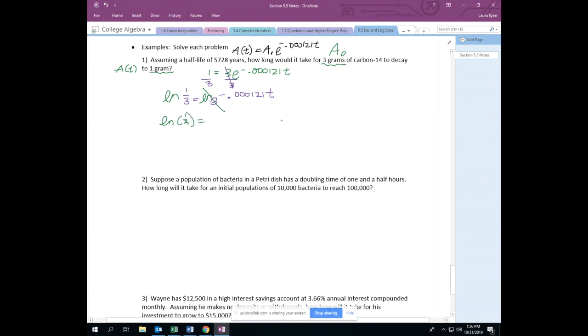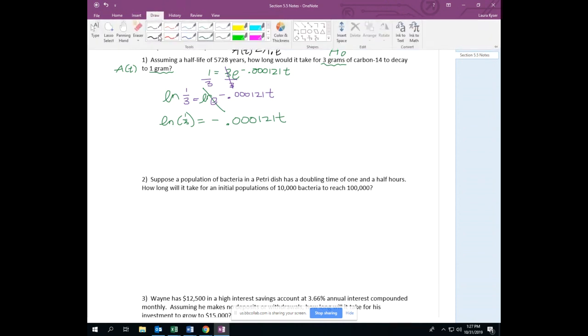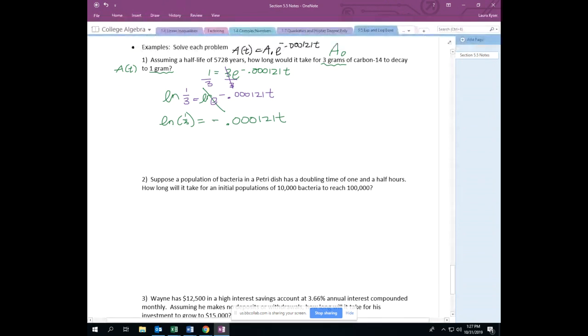Again, it doesn't matter at this point. But on the other side, the natural log and the e cancel, which just leaves me with the power, negative 0.000121 t power. Now, in order to isolate the t, I would divide both sides by that ugly decimal in the front.